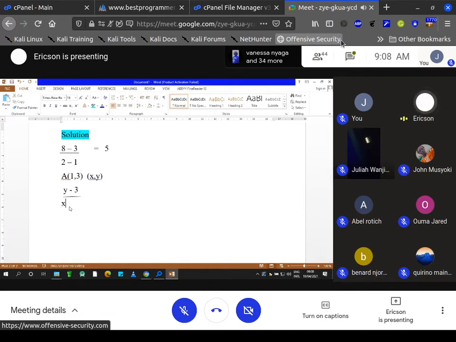So here we have y minus 3 over x minus 1 is equal to 5, the gradient which we had before. Let the gradient equate to this.